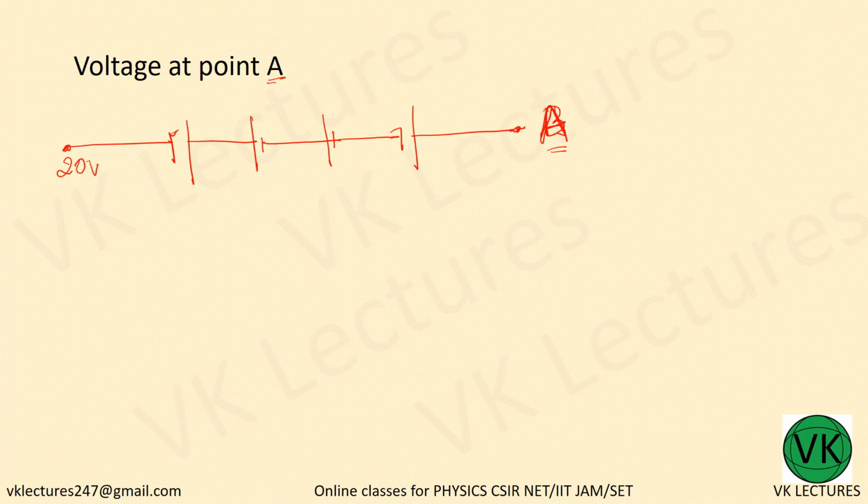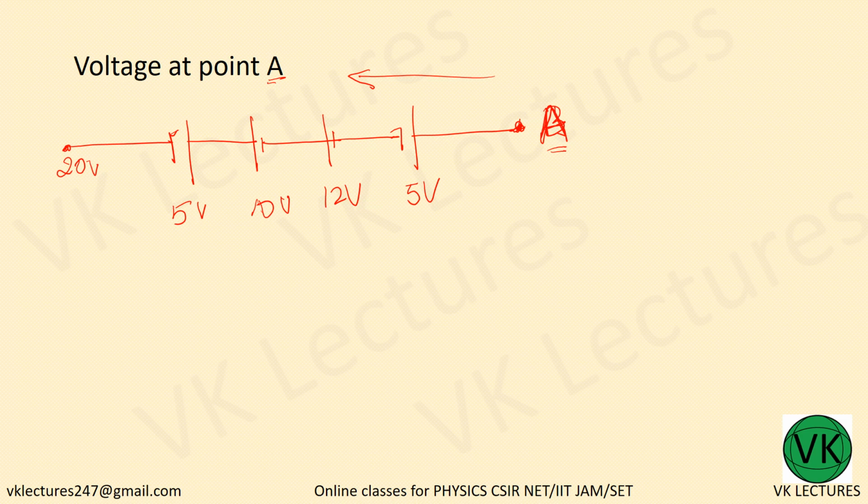Okay, so how will you start doing? Voltage at point A. So mark that point. From that point, go to the other end. Mark that point and go to the other end. I will give you the voltages: this is 5 volt, 10 volt, 12 volt, and again 5 volt.